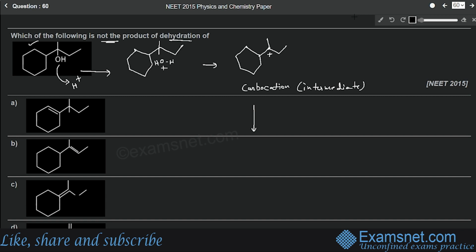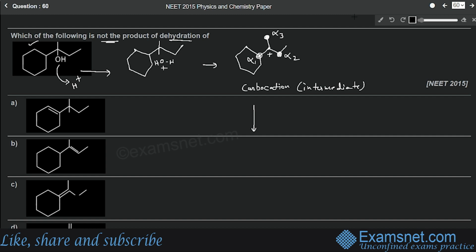Three alpha hydrogens are there. So let's say this is alpha hydrogen number 1 at this position. Then there is another alpha hydrogen at this position. So let's say this is alpha hydrogen number 2, and the third alpha hydrogen is at this position. So this is alpha hydrogen number 3. So in each case a different product will be formed.